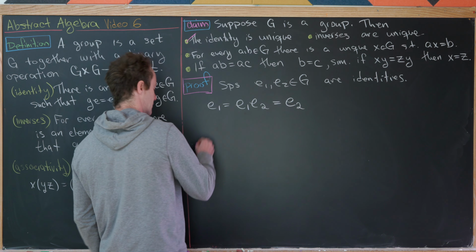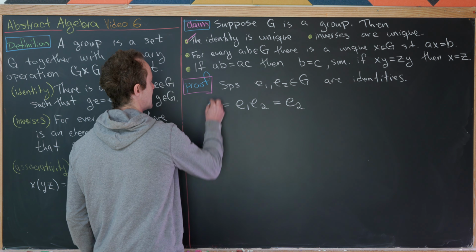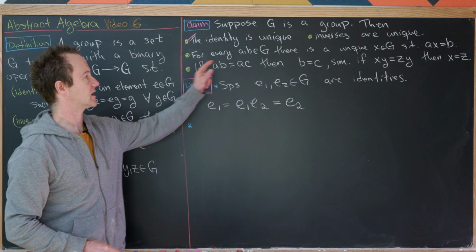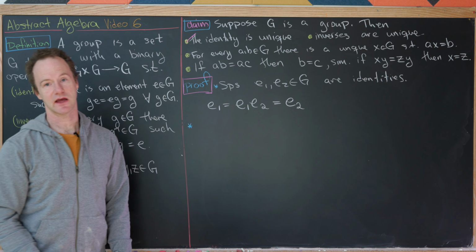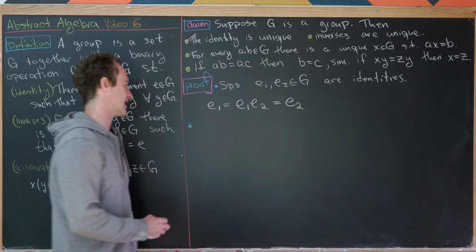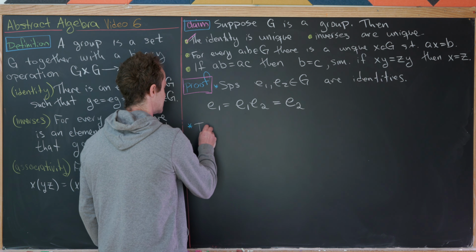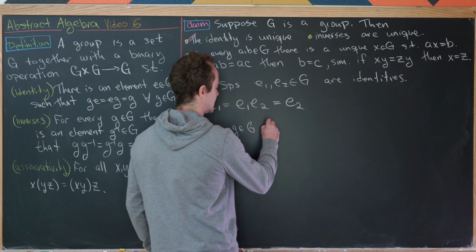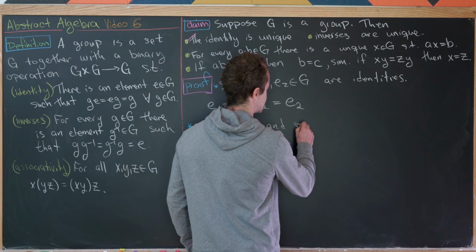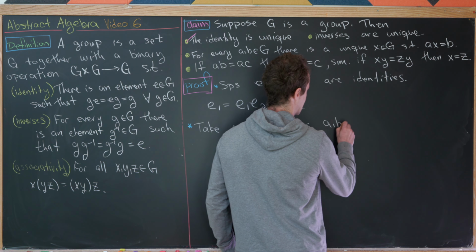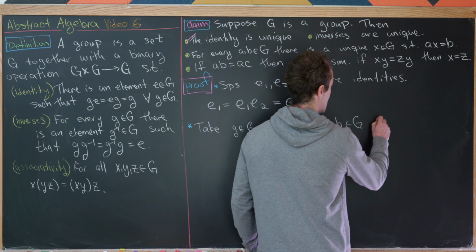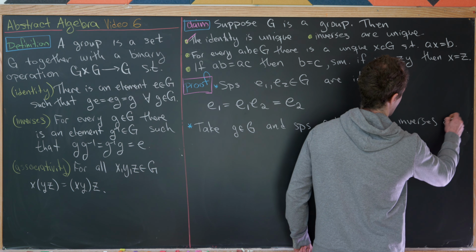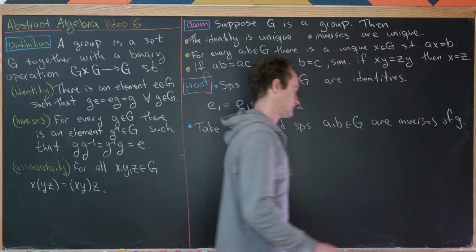Next up, let's prove that inverses are unique, which is this second claim. We'll do that with a similar strategy. Let's take little g in G and suppose that little a and little b in G are both inverses of little g.